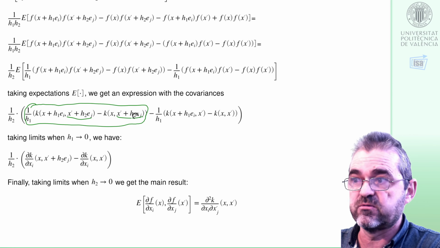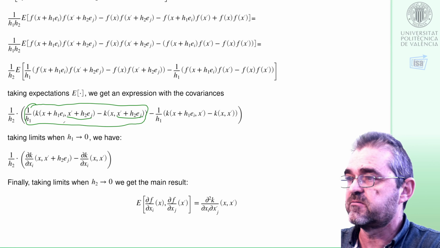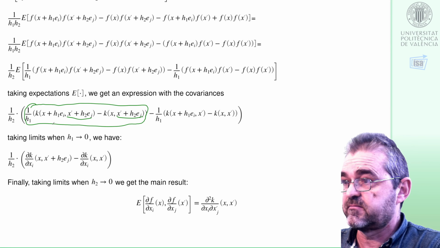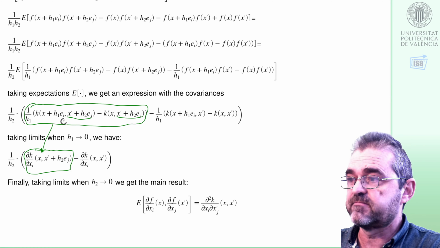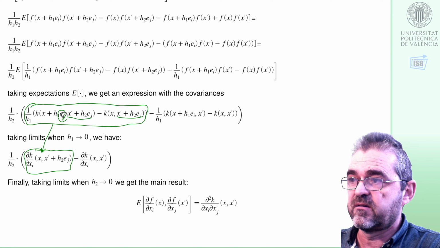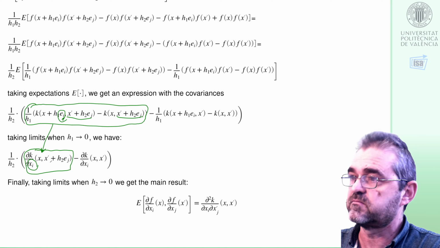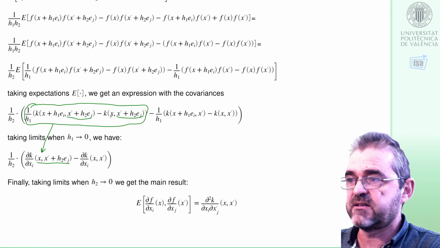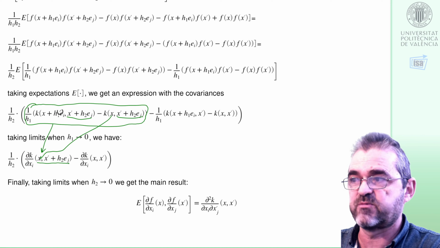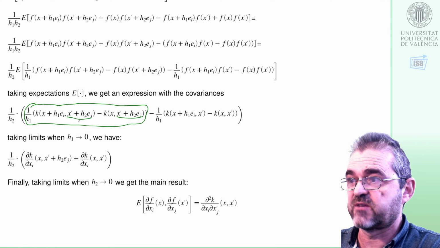Now h2 is not infinitesimal, h2 is still a finite increment, so we can see that this thing, when h1 tends to 0, will tend to this partial derivative of the covariance function with respect to the ith direction in its first argument, xi, at this point, x, because I have x and x plus an increment, and I am not taking derivatives with respect to the second argument, so the second argument goes here unmodified.